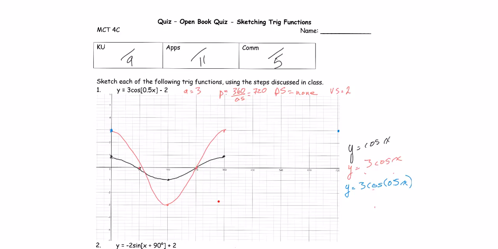And we know that it's going to go down to this position here. Now, halfway between 360 and 720 is 540. So I'll put my next point right here.